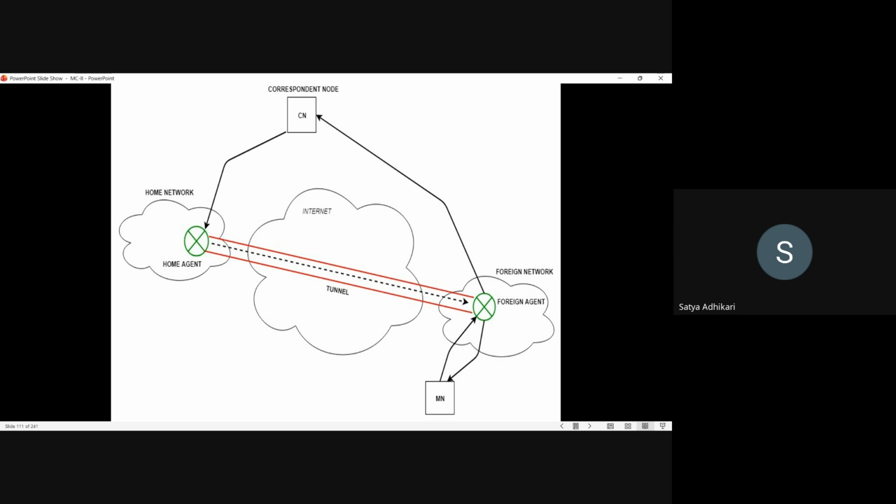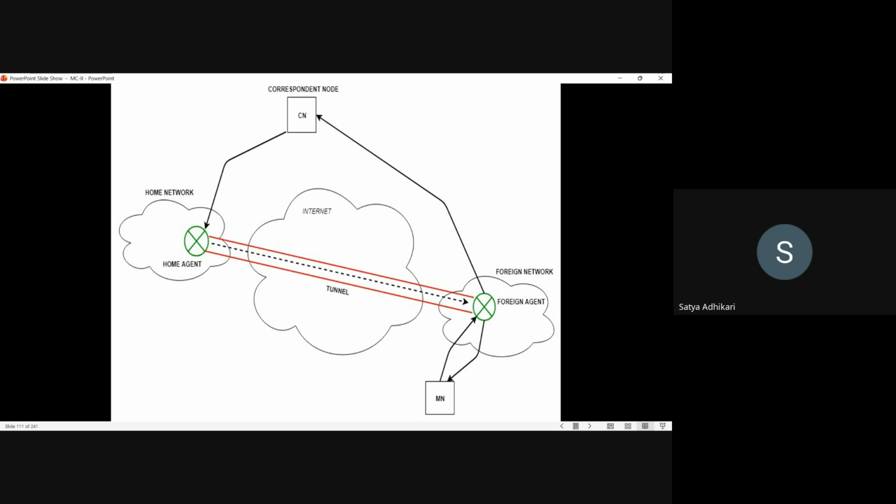Similarly, there is a foreign network and foreign agent. Now you see the mobile node is present in the foreign network. Initially it is in the home network.